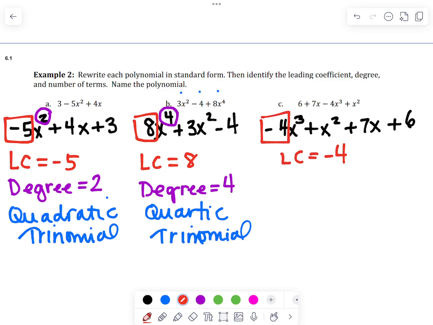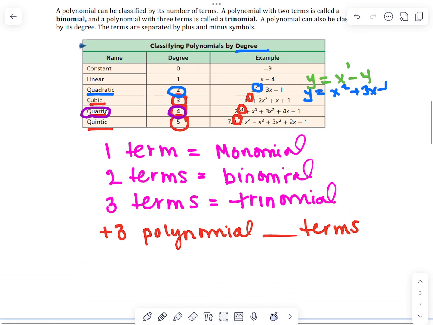Our degree is 3. And now we want to go ahead and name that polynomial based off the degree and the number of terms. So we go up to our list.